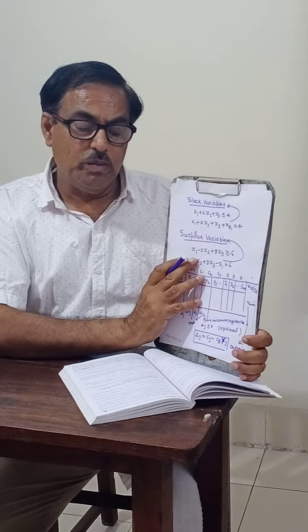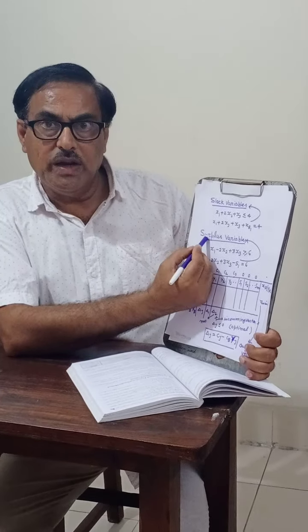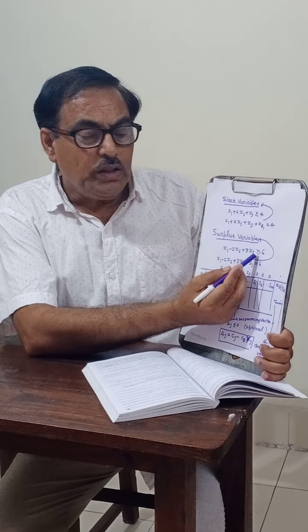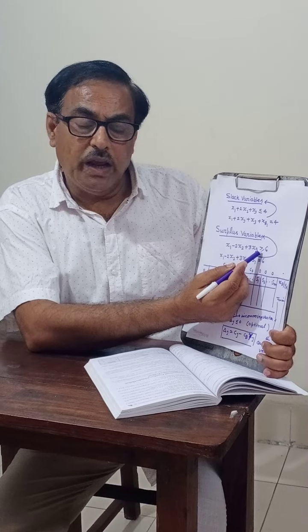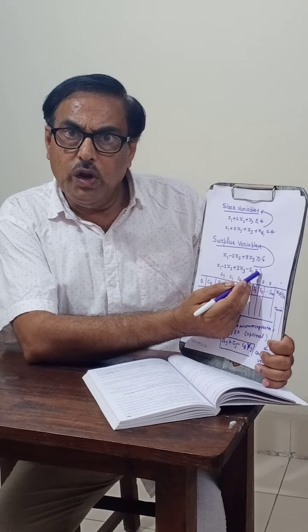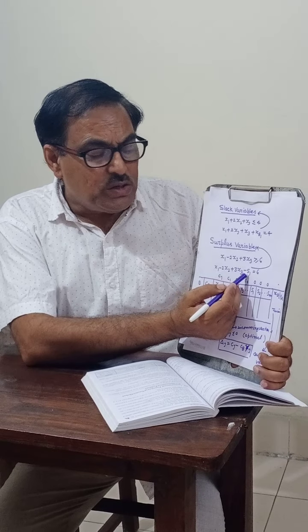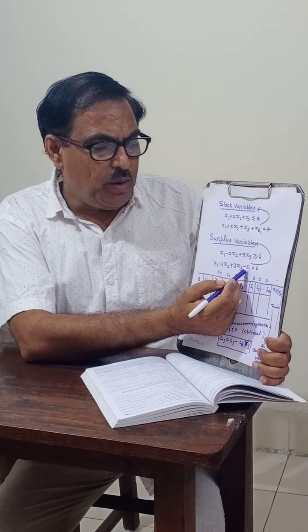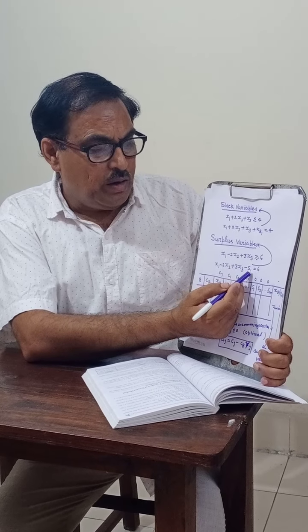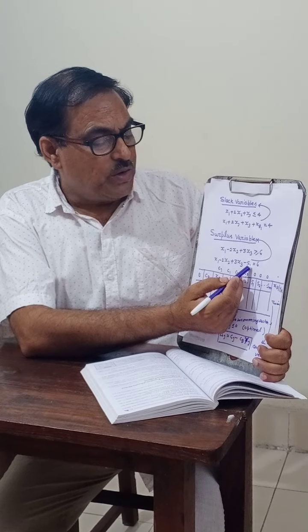Now another variable, the surplus variable. When an inequality greater than or equal to is involved in a constraint, to convert it to equality, we subtract a variable on the left hand side of the equation, which is called a surplus variable.